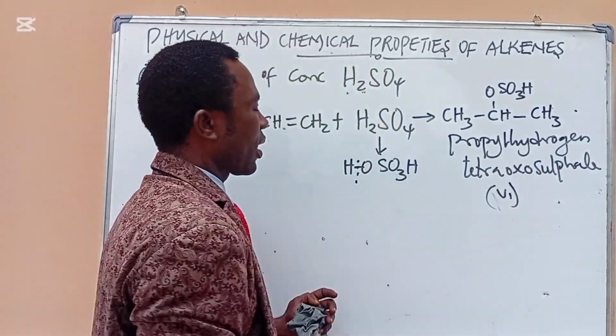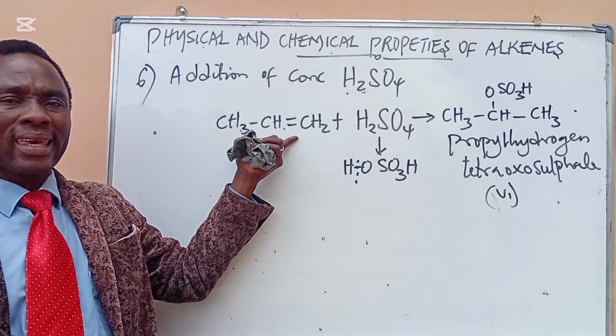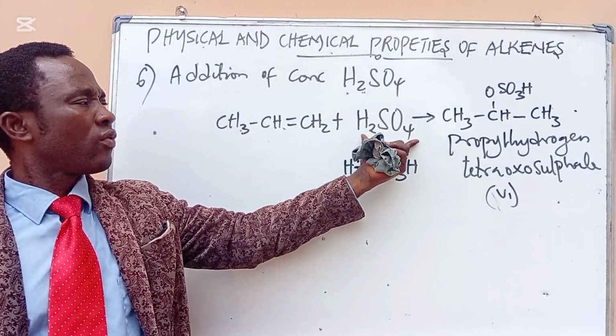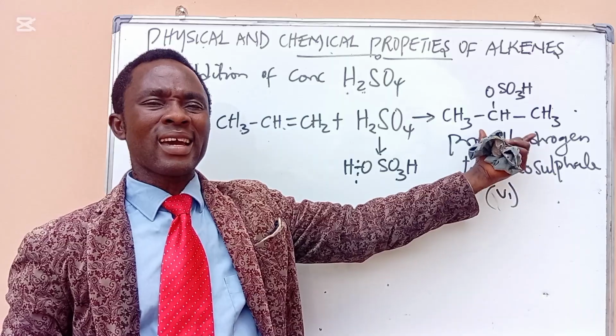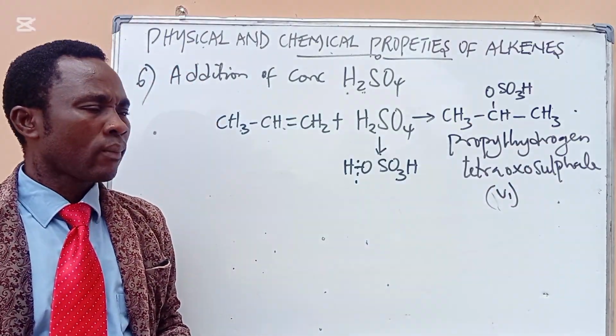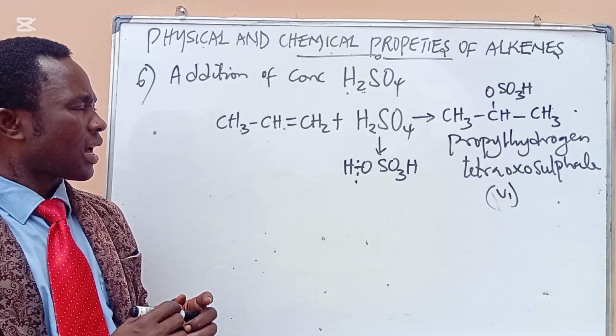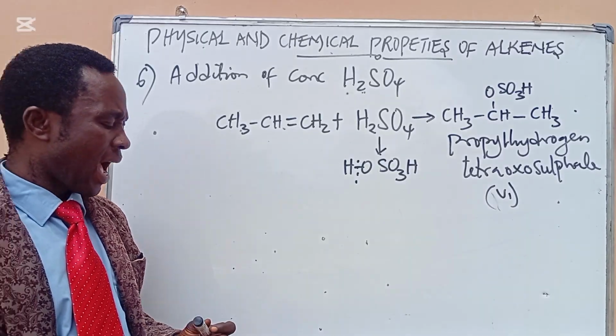That is the compound. Anytime an alkene reacts with conc H2SO4, you will get alkyl hydrogen tetraoxosulfate(VI). This is the sixth reaction, the chemical reactions of alkenes.